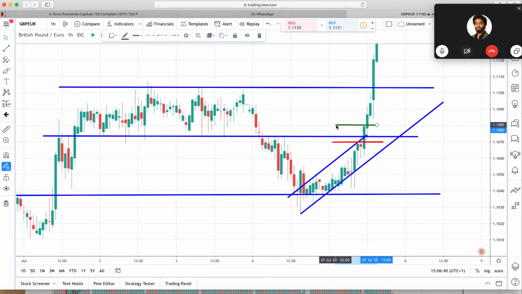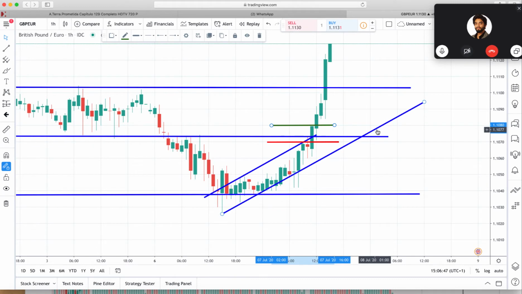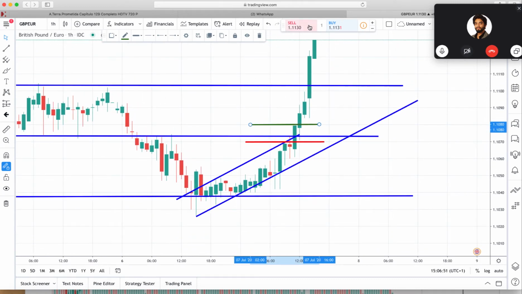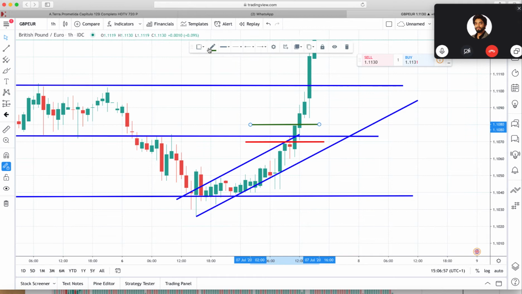So your entry level would be somewhere above the close of the candle. Or what you could also do, for example, is go back slightly here. Obviously, this is a live chart. You can see the price is still going all the way up.